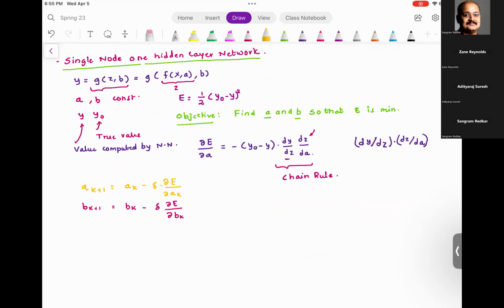This delta that we talk about is called the learning rate.